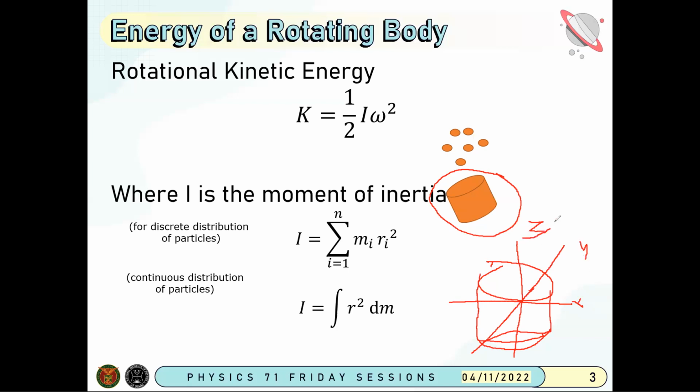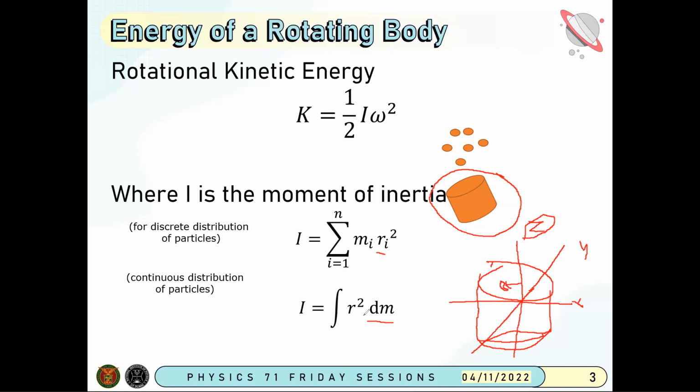So if you want to get the moment of inertia on the Z axis, then we have to integrate, or we have to consider an infinitesimal mass, for example this infinitesimal mass, and then find its R, the distance from the axis.